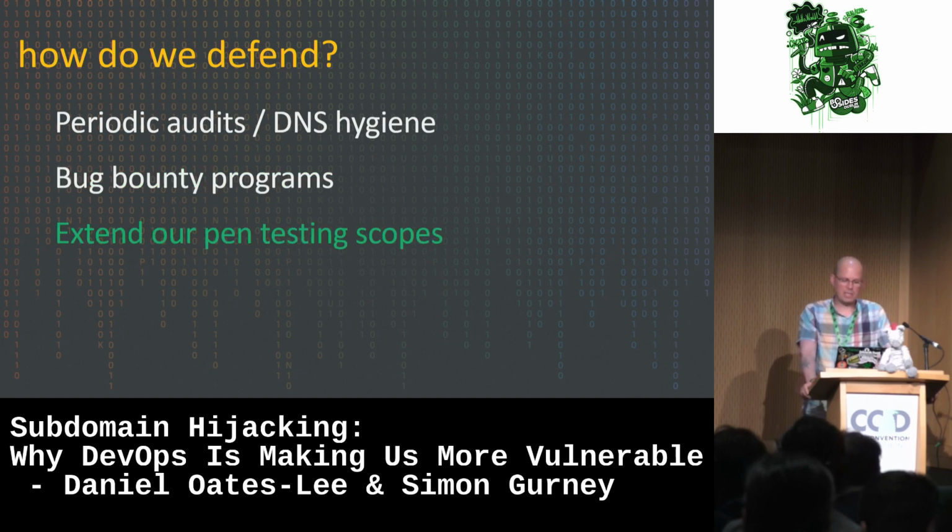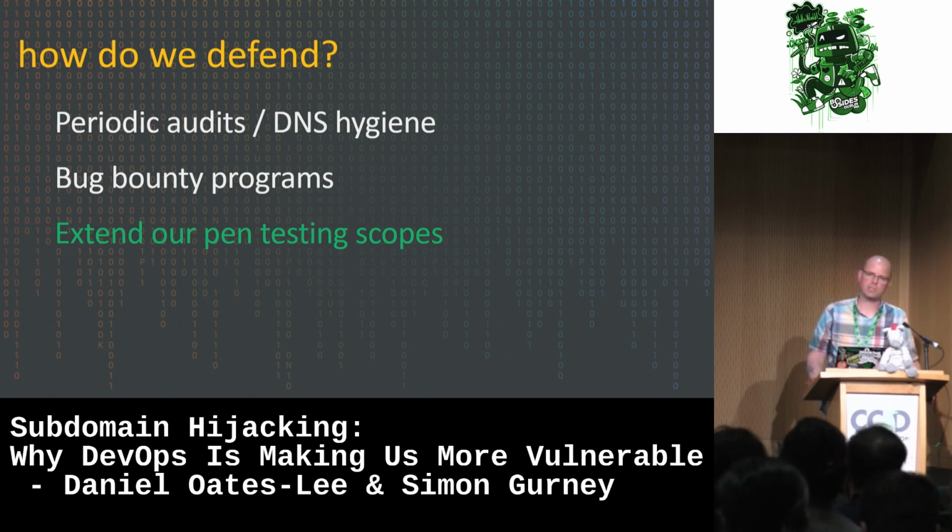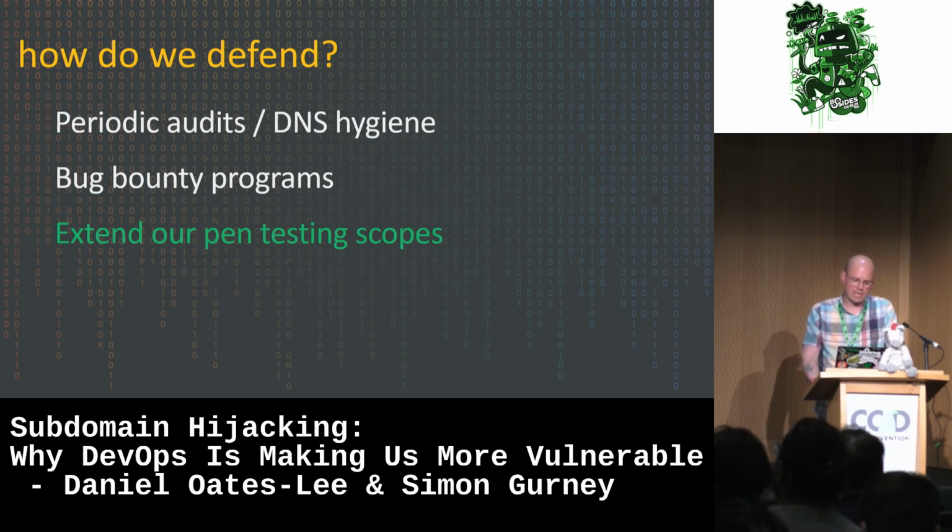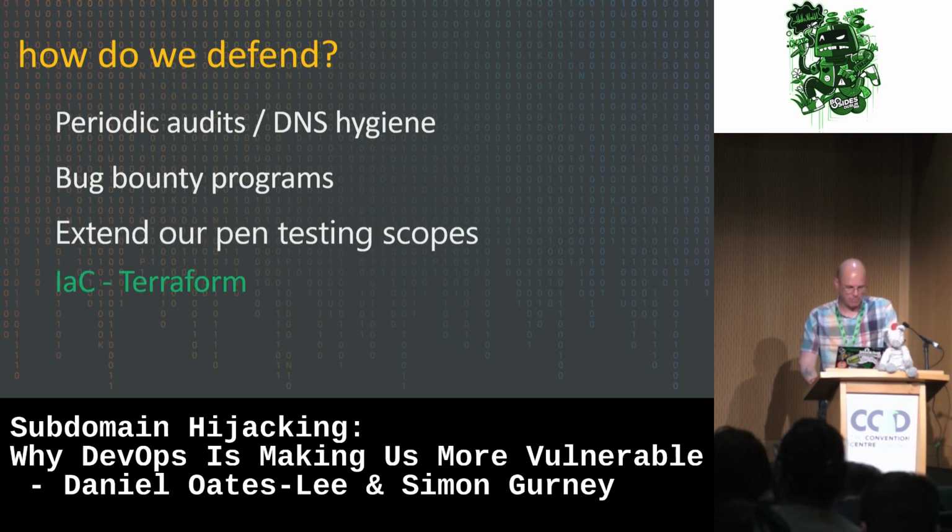You could extend your pen tests and ask your pen testers to check your DNS records for subdomain takeovers. But you're probably already running out of time with most of your pen tests anyway. And putting more requirements on top of the pen test is going to probably dilute it.